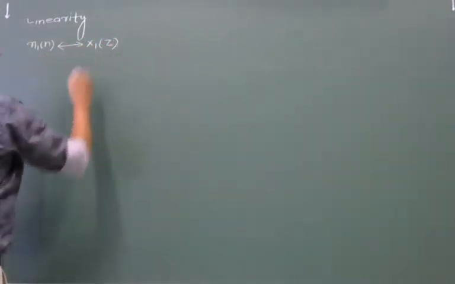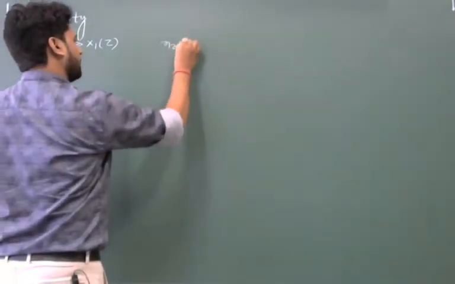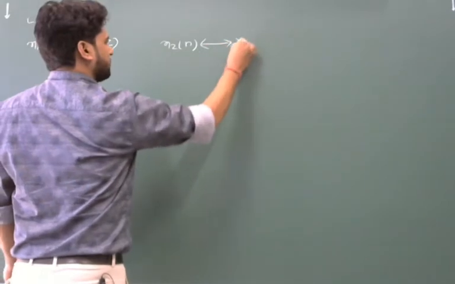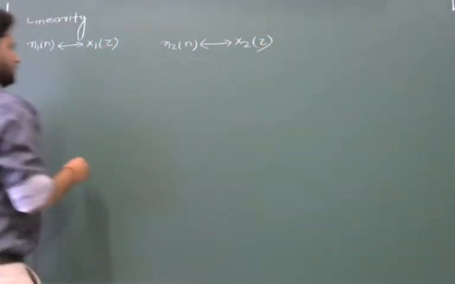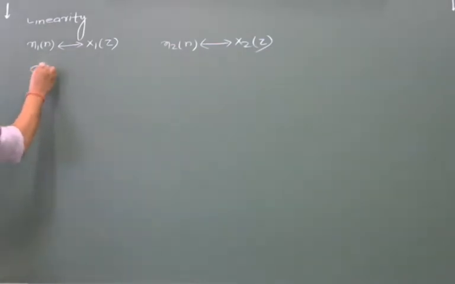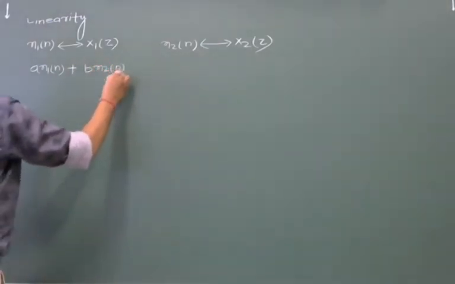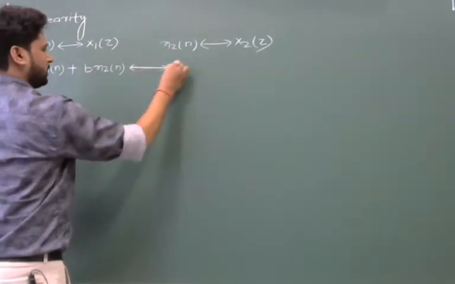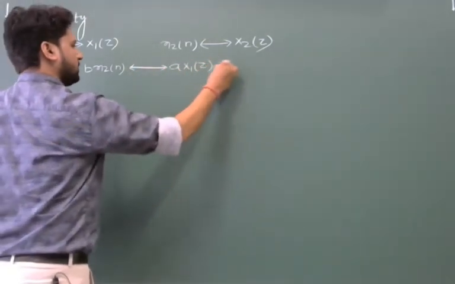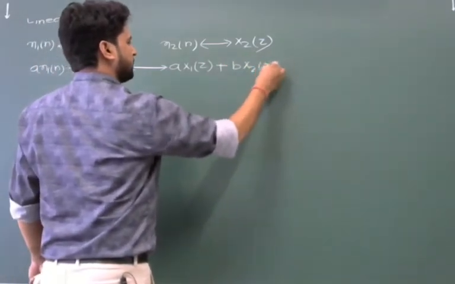Linearity means if the Z transform of x1 of n is X1 of z, and the Z transform of x2 of n is X2 of z, then the Z transform of a times x1 of n plus b times x2 of n will be equal to a times X1 of z plus b times X2 of z.